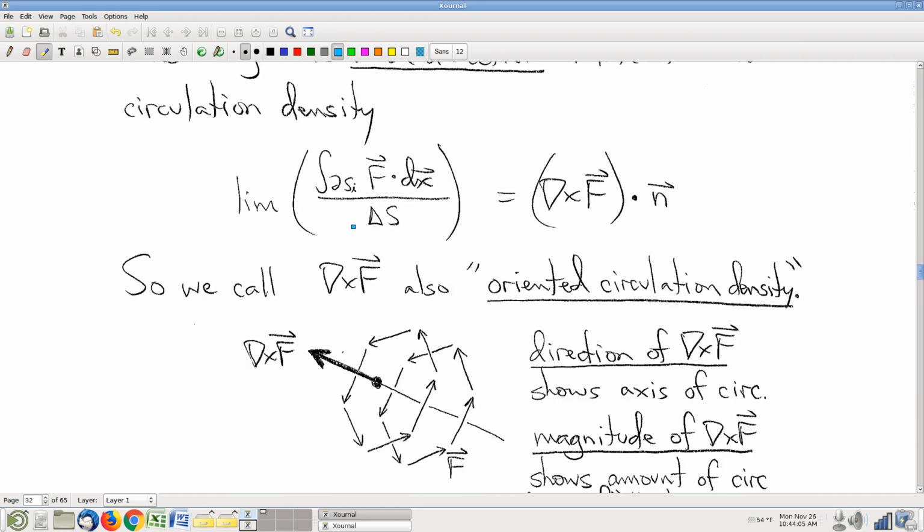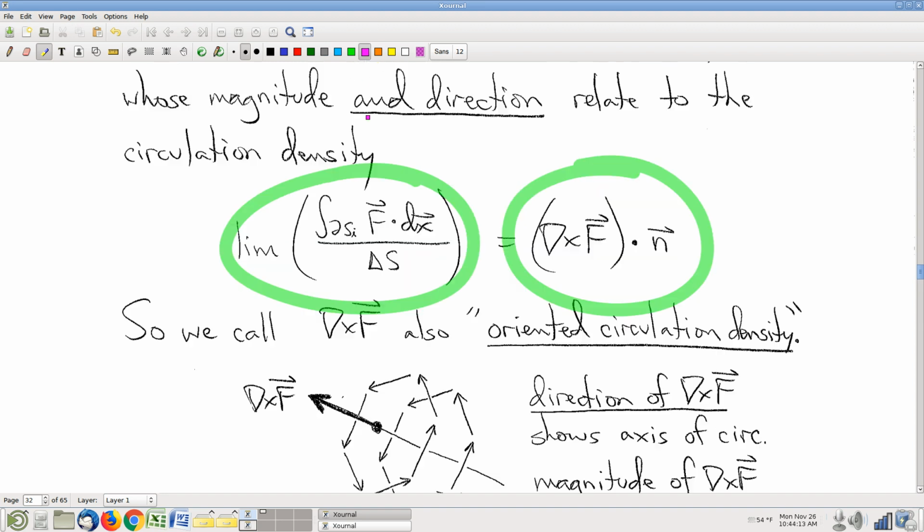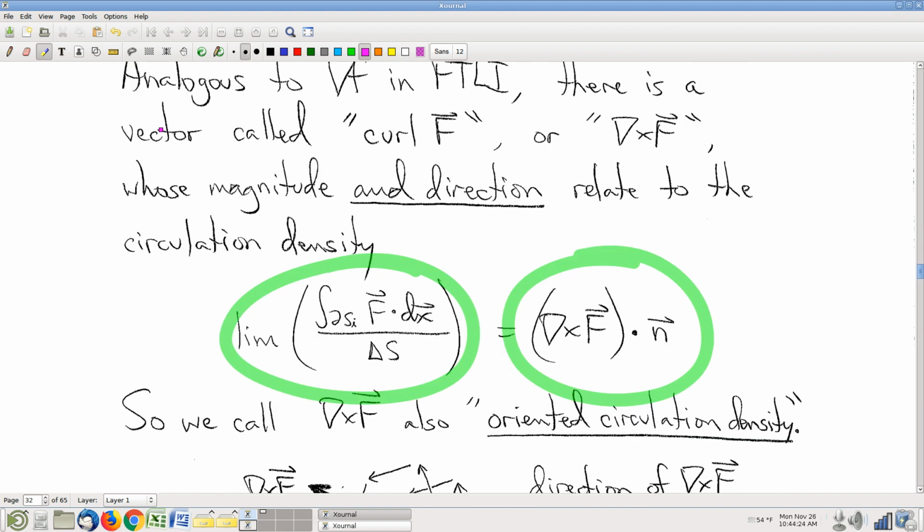This circulation density that we're interested in is computed by a formula like that. This vector that represents the axis that we're rotating around, and furthermore how much of this circulation is happening around that axis, is called curl.